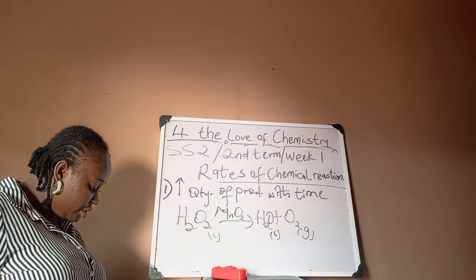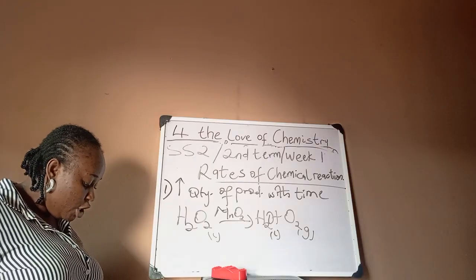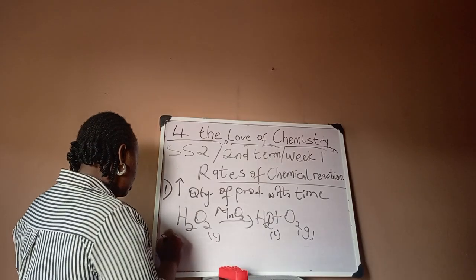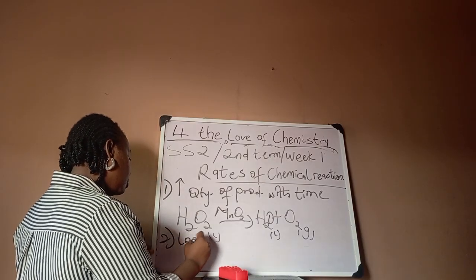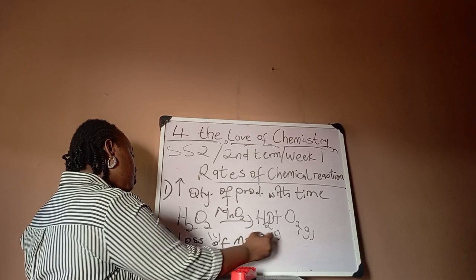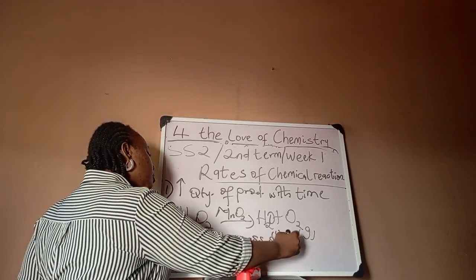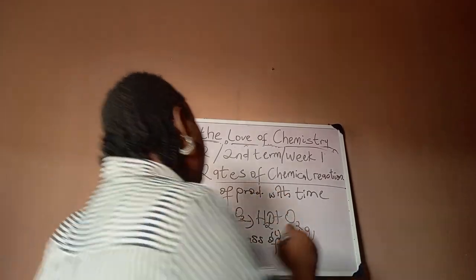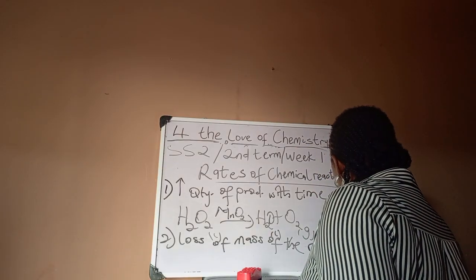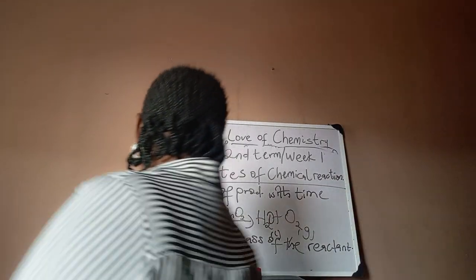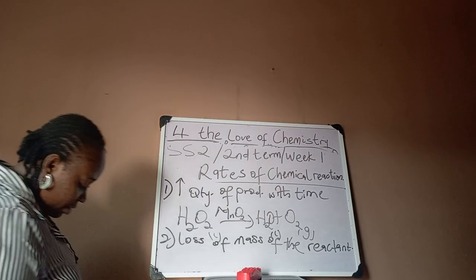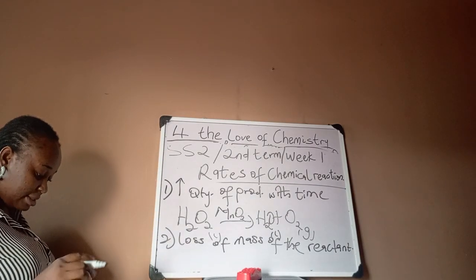So another way to measure the rate of reaction is loss of mass of the reactant. For instance, let's use an example.